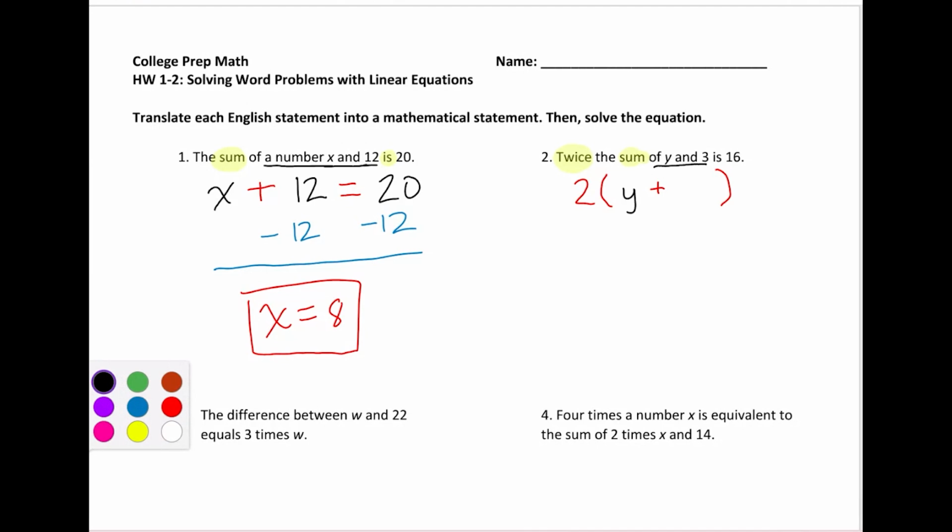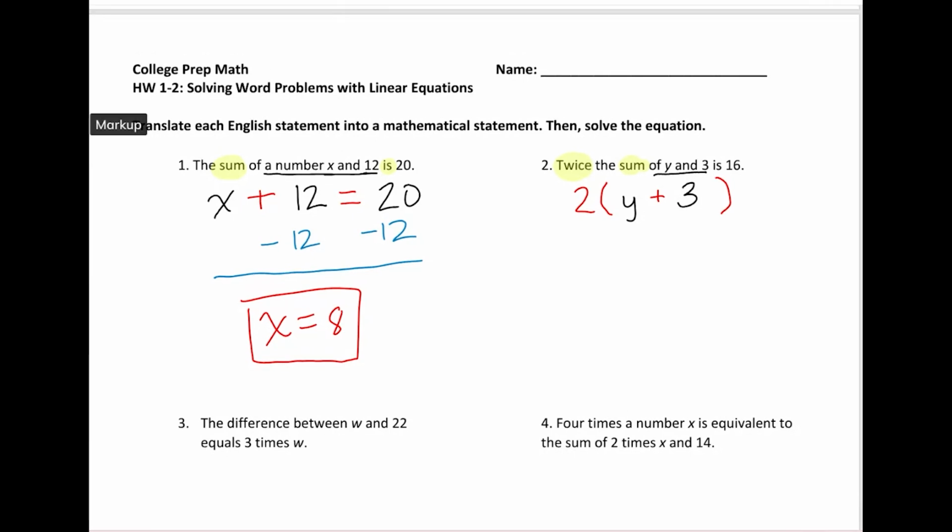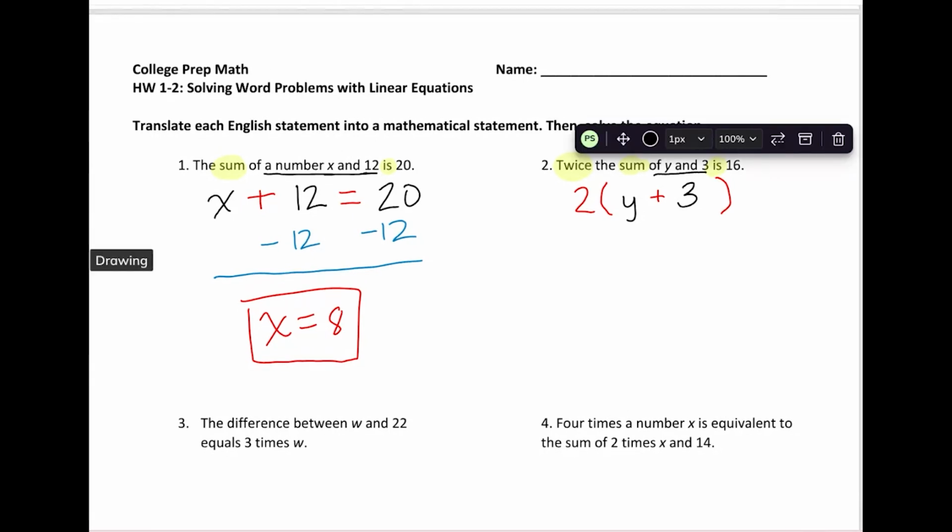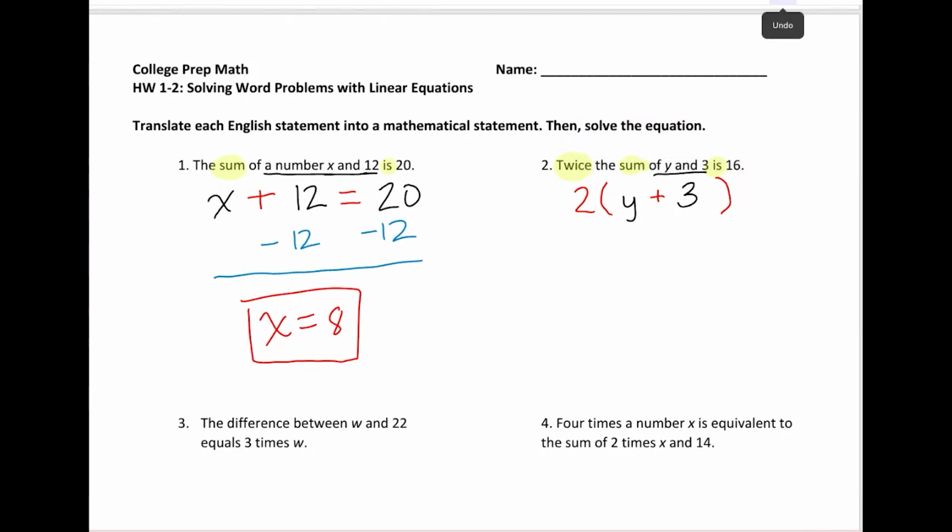Twice the sum is 2 times that sum. And then just like the previous problem, we have the word is, which indicates where we want to put the equal sign. So it is 16. So equals 16.